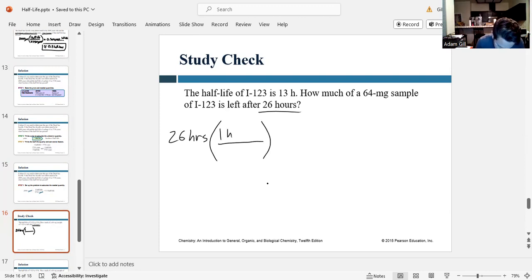And we know that one half-life is 13 hours. That was stated in the problem. So 13 hours on the bottom. When you multiply that across, the hours cancel. And so 26 divided by 13 is 2. That will be 2 half-lives.